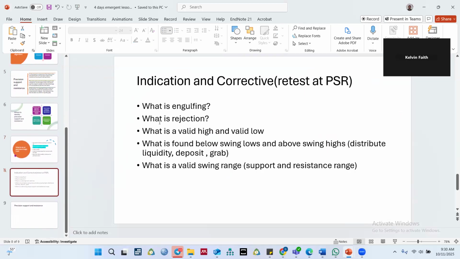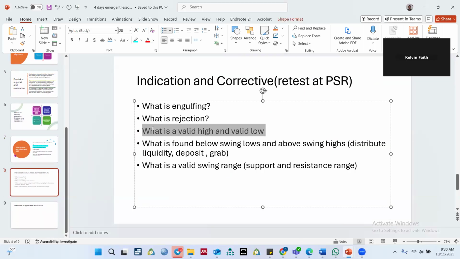Like I said, I've already explained engulfing and rejection. What is a valid high or a valid low in terms of price action? If we are in an uptrend, a valid high is a high that takes out a previous high.